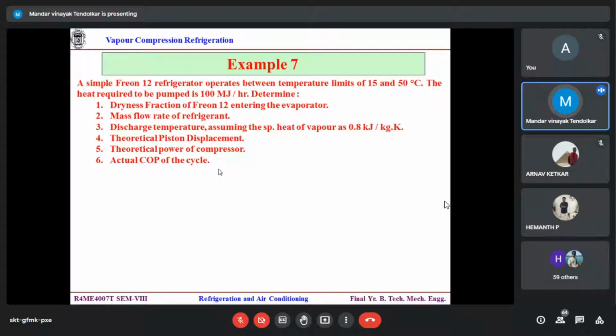Otherwise, it would say heat required to be absorbed, or heat to be taken away or something like that. What is the meaning of pump? Pump is to take from some particular location and deliver at some particular location. Sir, it means we have to pump this much energy somewhere, into the storage space, and maintain it at a certain temperature.